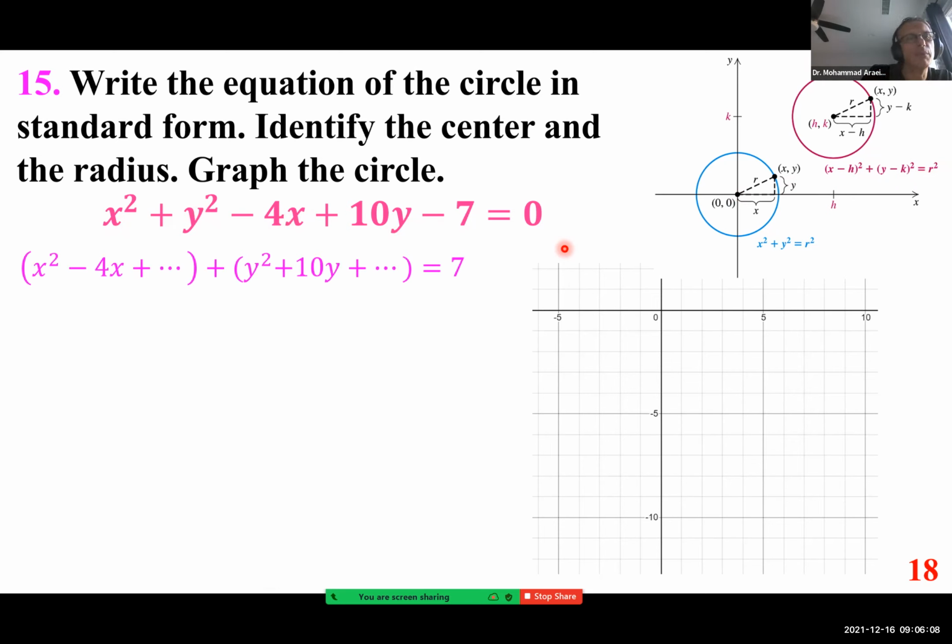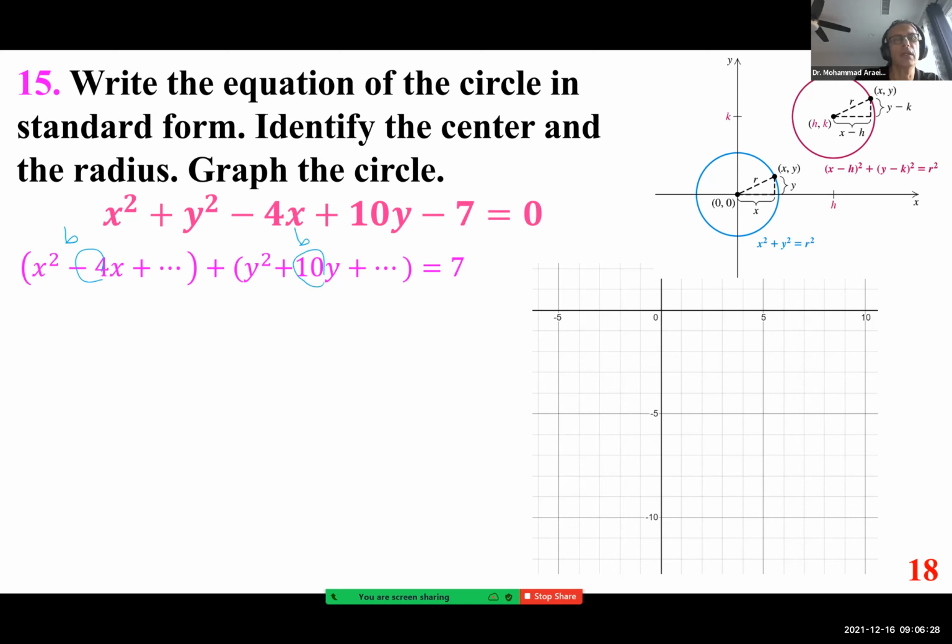Now, I hope you remember this is b. -4, you divide it by 2, becomes -2, and you square it, becomes a +4. So you add +4 to both sides.